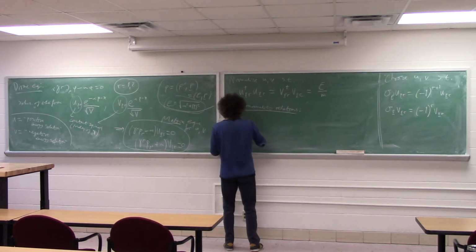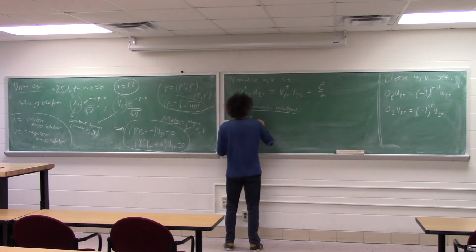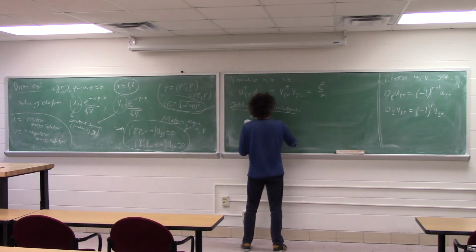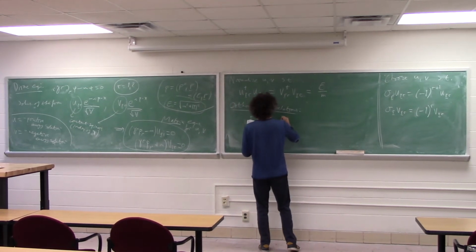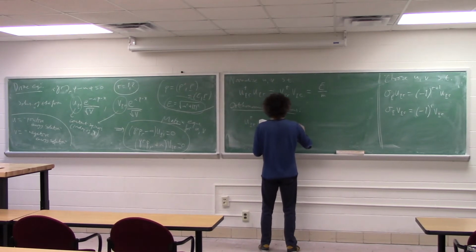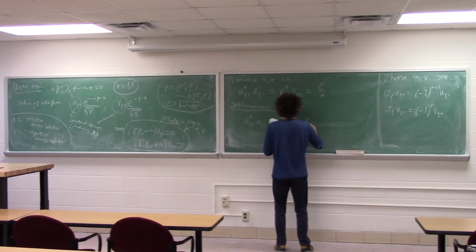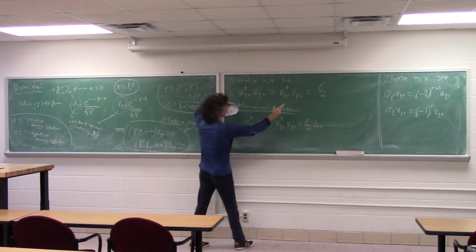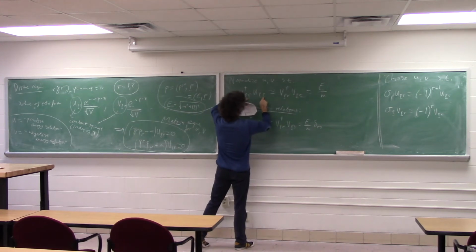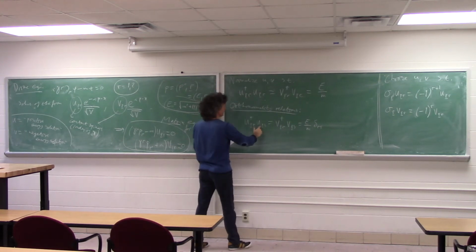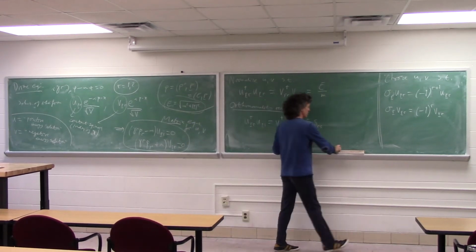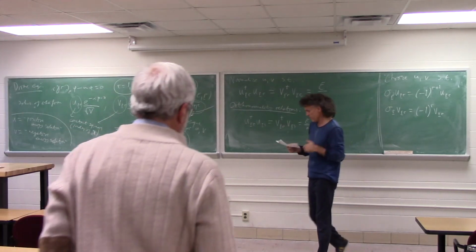Here are the orthonormality relations. U_pr dagger U_ps equals V_pr dagger V_ps equals E over M delta_rs. So in other words, they have this normalization when the r index is the same, and when the r indices are different, they're orthogonal in the sense of this inner product between the row and column vector.